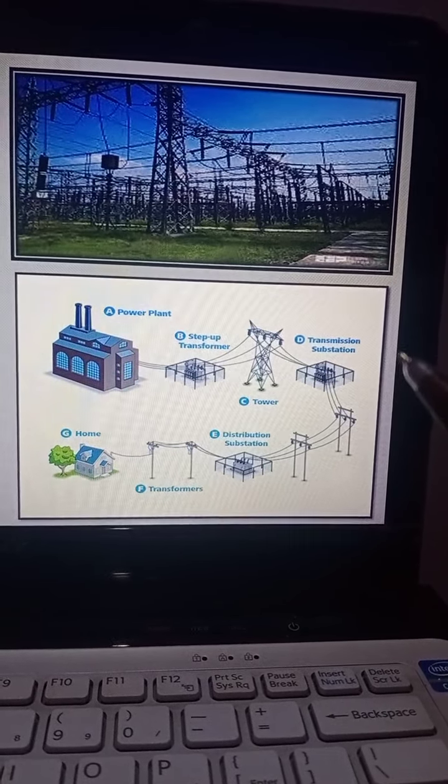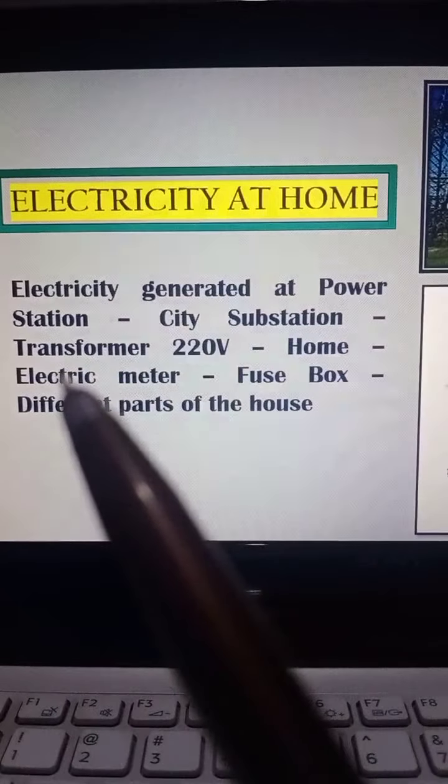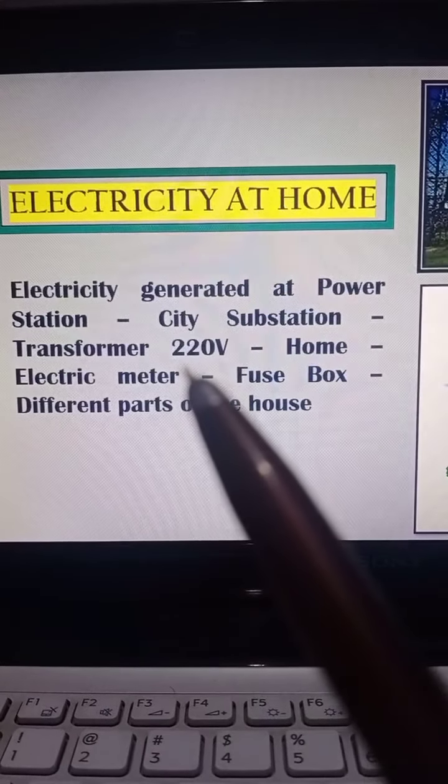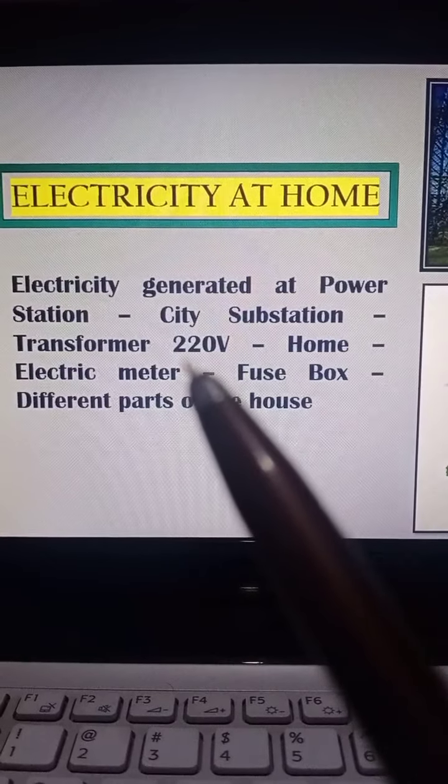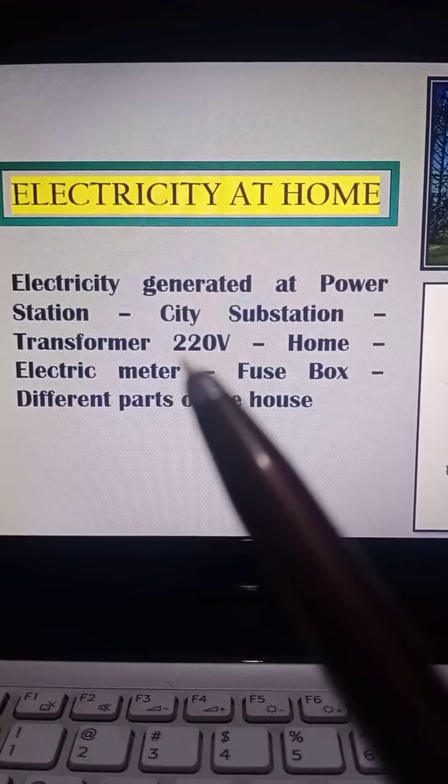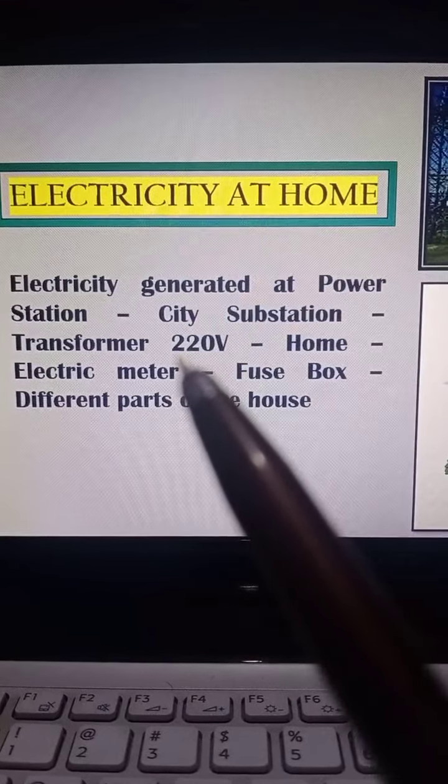So you can understand that electricity is generated at the power station first, then it reaches the city substation, then from the transformer it is converted for our use at our home at the voltage rating of 220 volt.